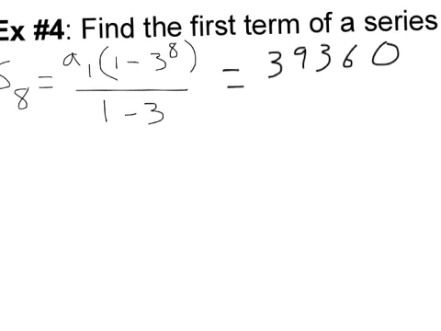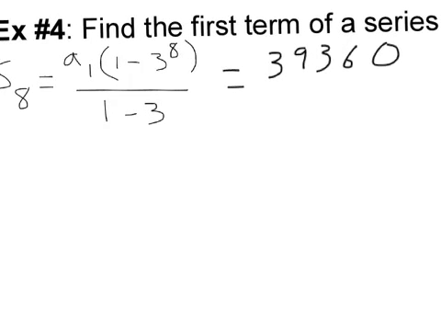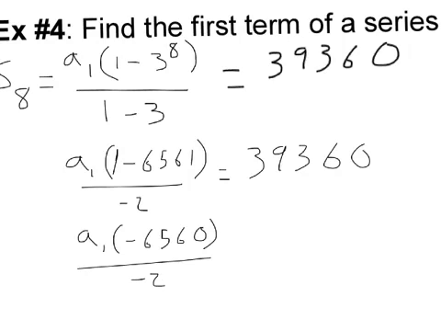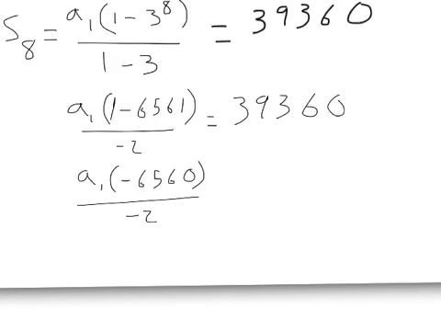So let's simplify this out. 3 to the 8th power, that is 6561. So we have a sub 1 times 1 minus 6561 over negative 2 equals 39360. 1 minus 6561 is going to be negative 6560 all over negative 2 equals 39360.